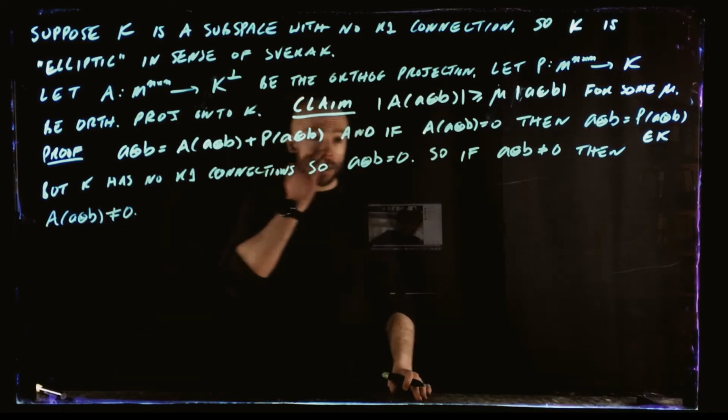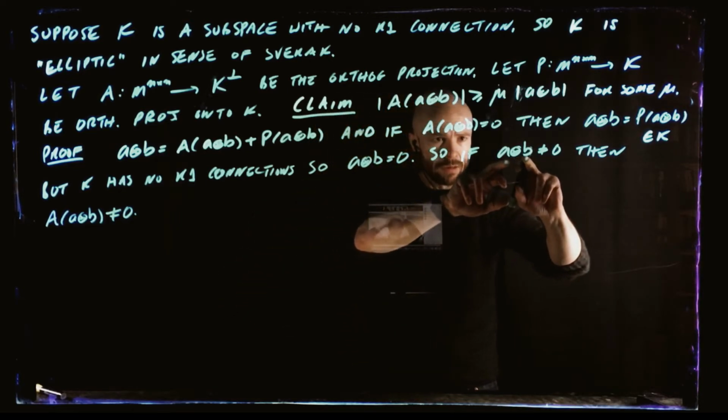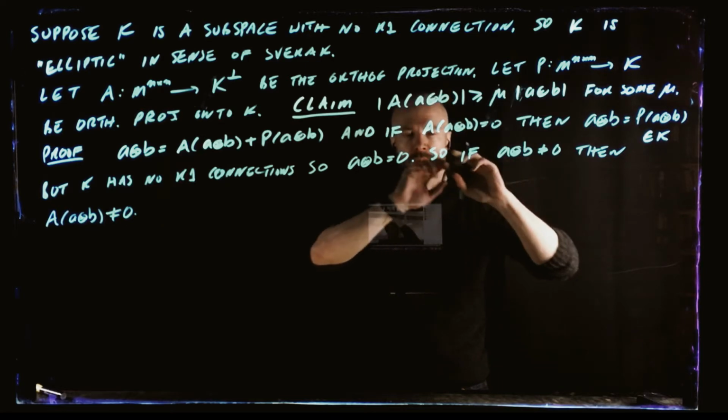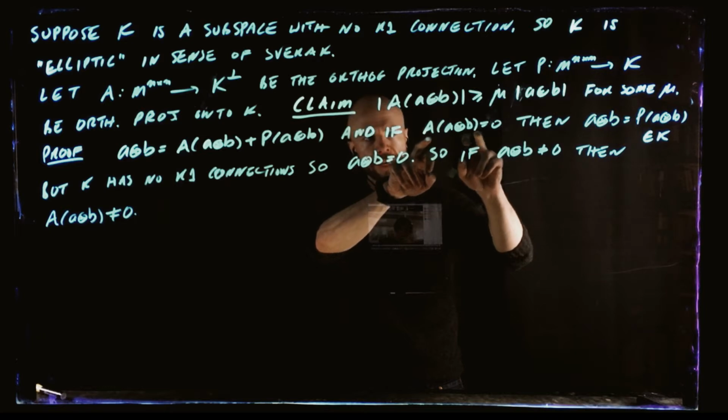Okay. So let's take a non-zero A cross B, a non-zero rank-1 matrix. Suppose we take the projection onto the orthogonal complement of K and it's equal to 0.